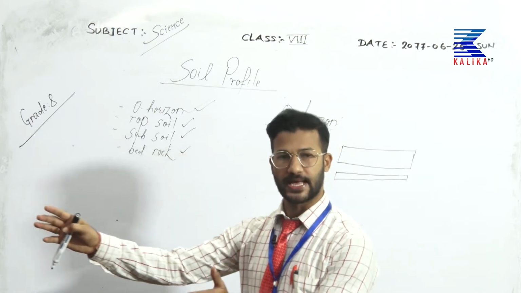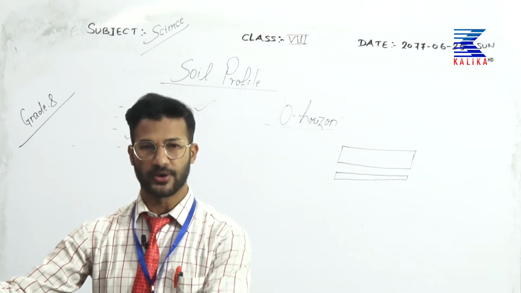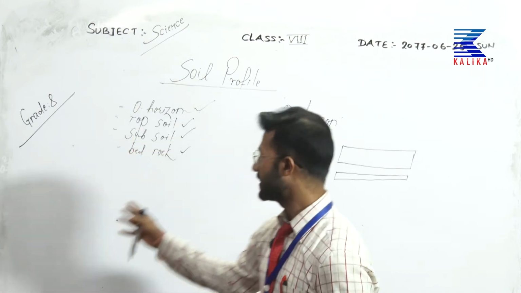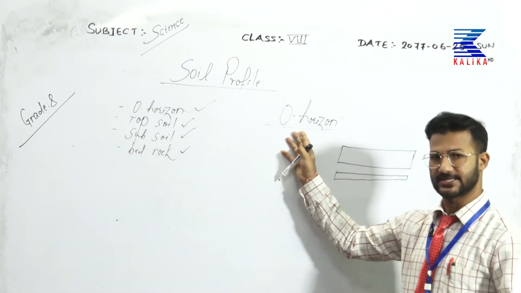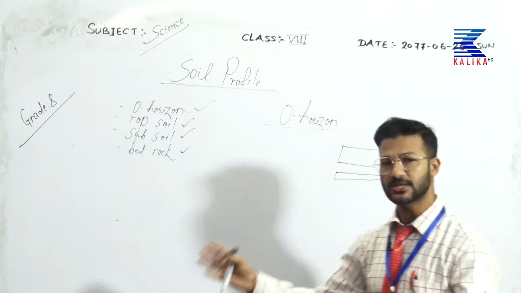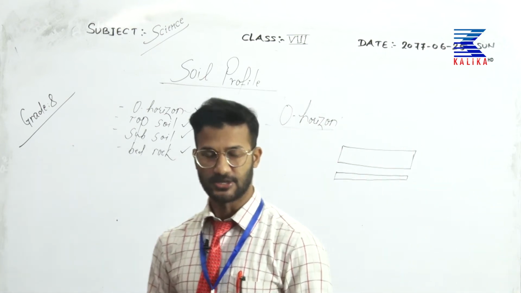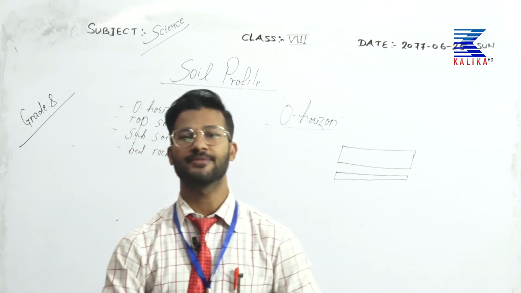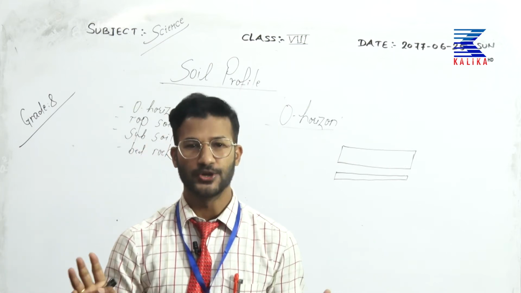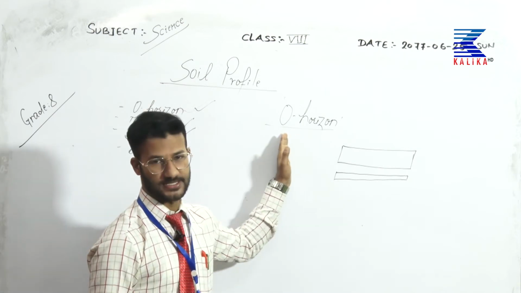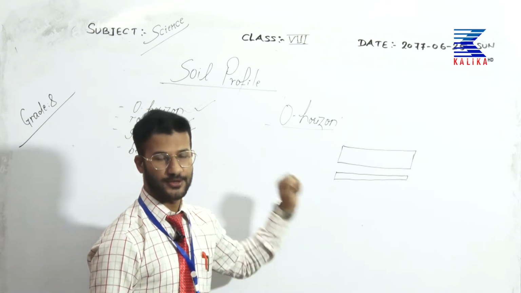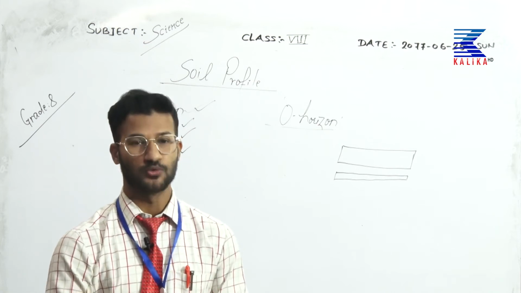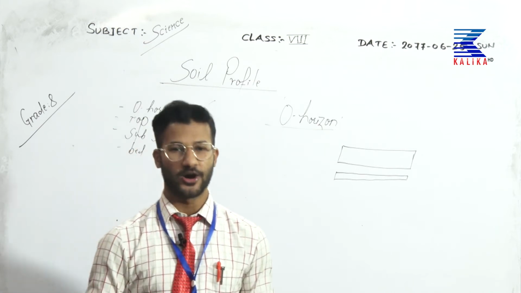But around the locality where humans live, where animals live, where plants are found, this layer is 100% present. But in regions like desert, where no traces of living survival are found, there is no presence of this O horizon. Anyway, O horizon is the uppermost loose layer of the Earth's crust, which is richly supplied with organic matter.